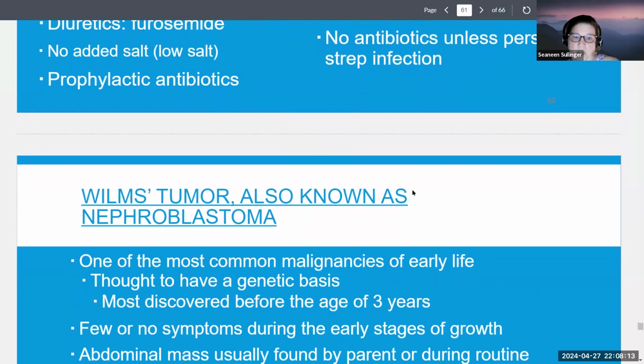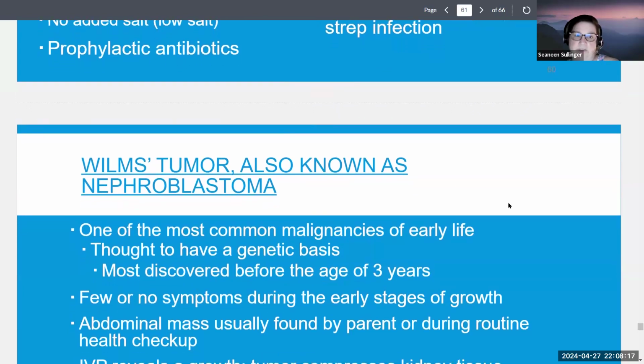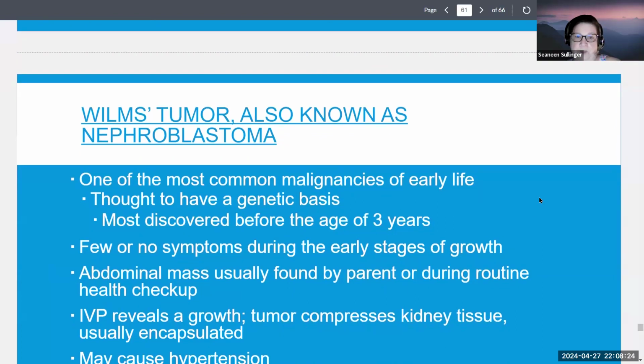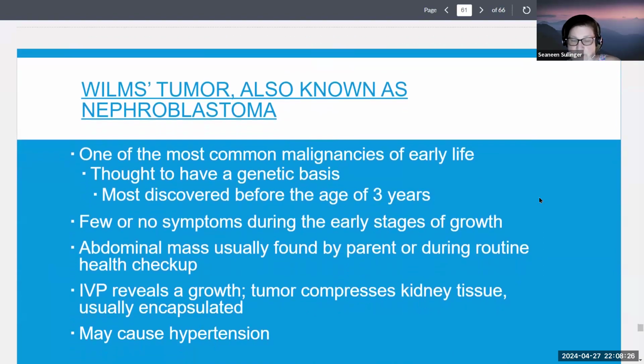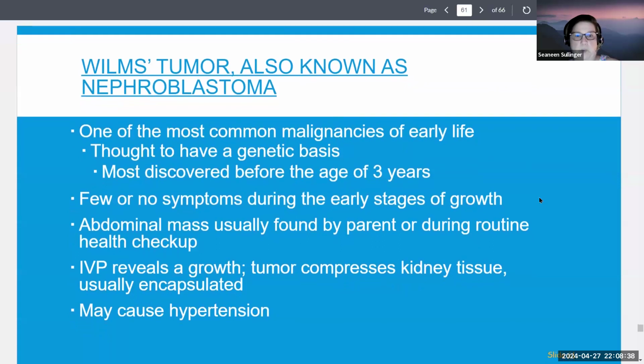Wilms tumor isn't on your list of things, but I think it's a cool thing, and I have seen it come up on NCLEX sometimes. It's nephroblastoma. It's a malignancy, potentially having a genetic basis, mostly discovered before the age of 3 years, often around 2 years. There are few symptoms during the early stage of growth, and the child can't really notice a difference and couldn't really tell you anyway.